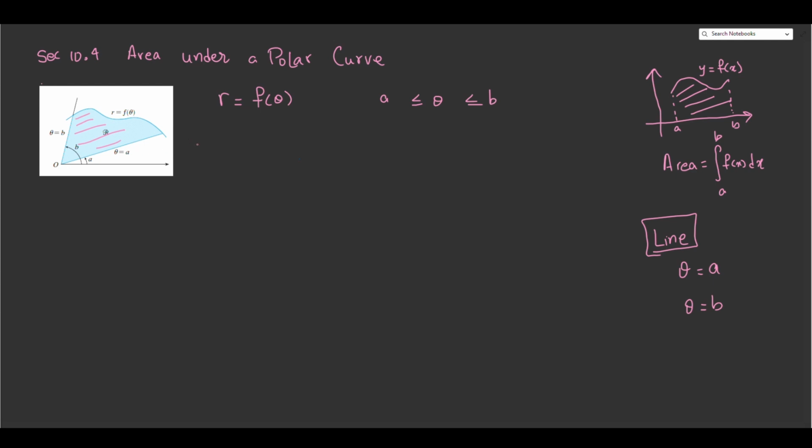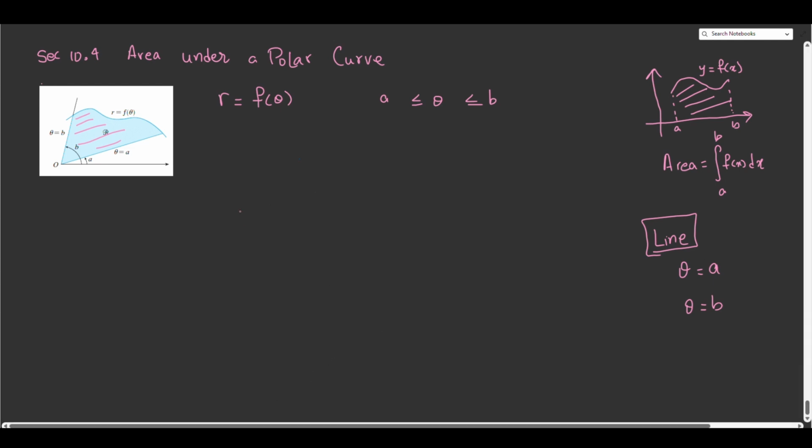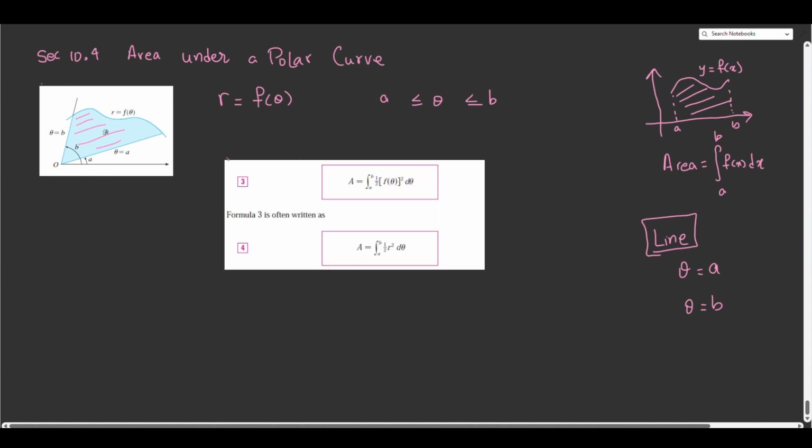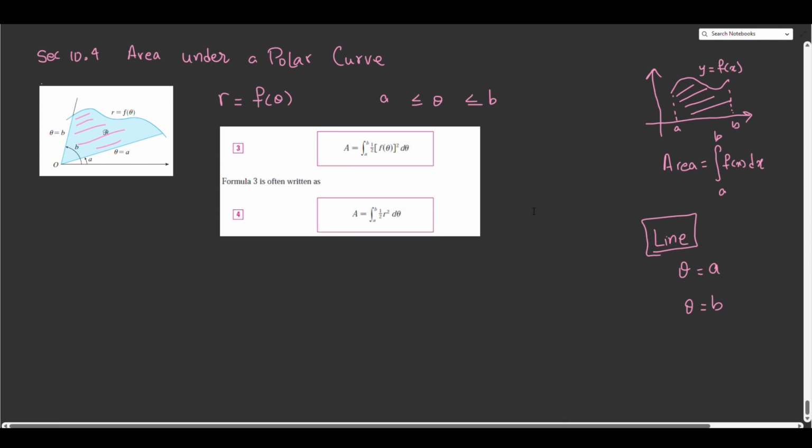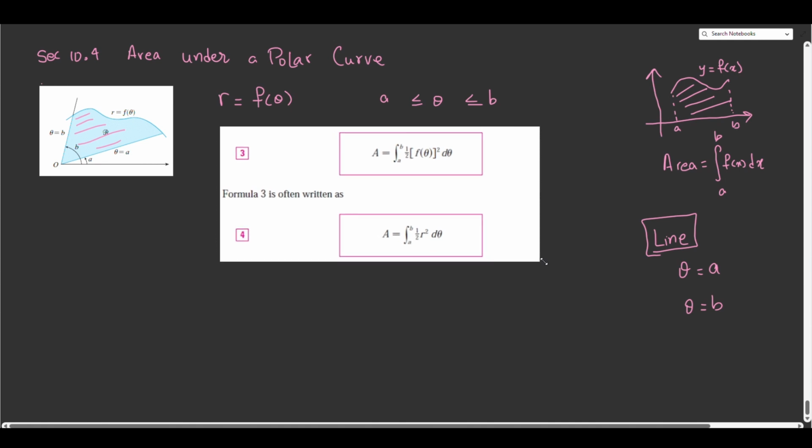So what is the formula for finding this region? We have the following formula. A equals the integration from A to B of half r squared d theta.